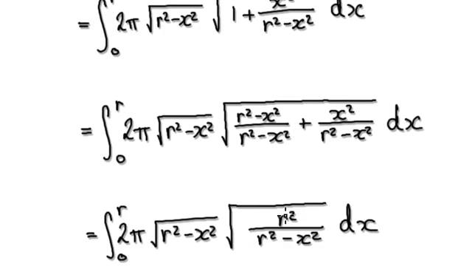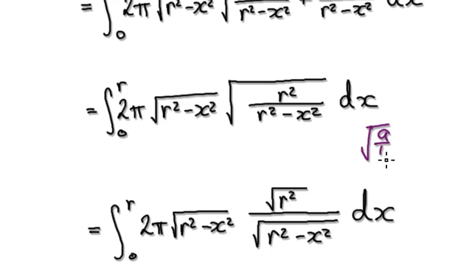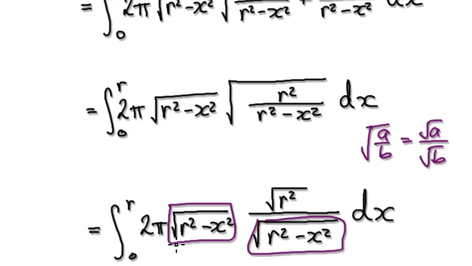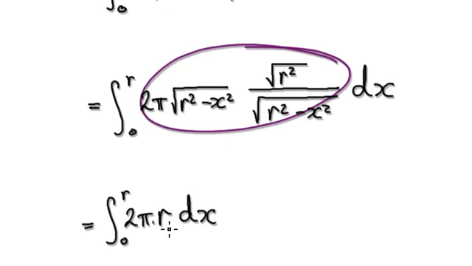Now from here you can do this, because root a over b is the same as root a over root b. Then this block here is exactly the same as this, so they will cancel each other out. This is just r. So this whole thing here would then become this.